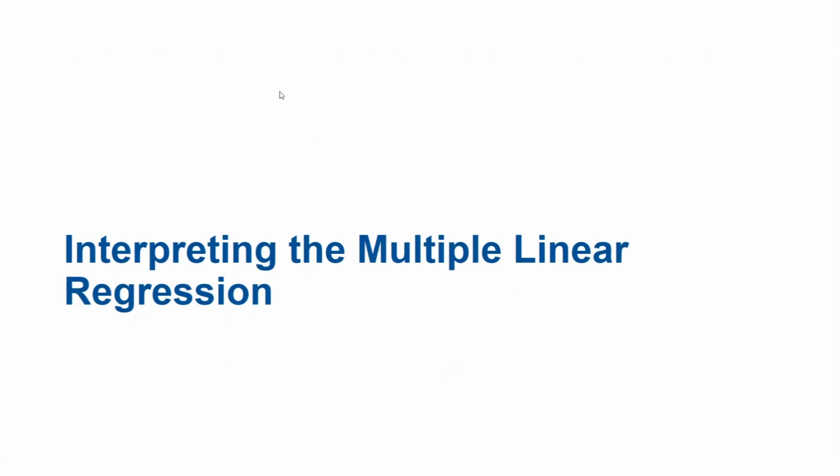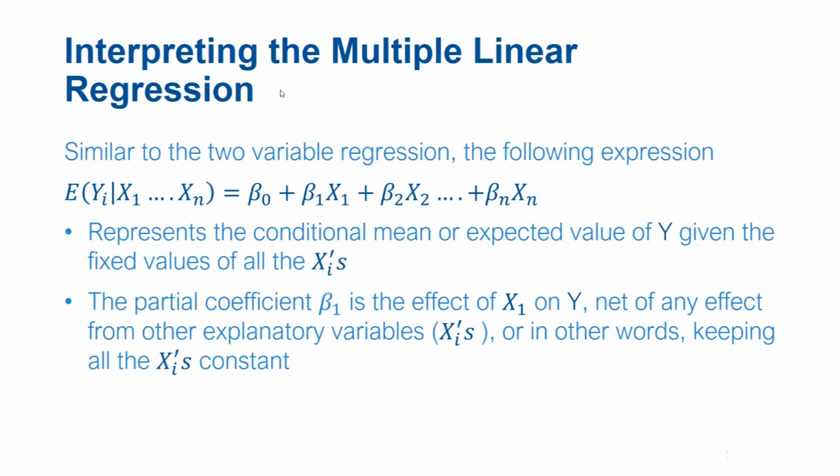In this video, we'll understand the interpretation of various aspects of the multiple linear regression algorithm. Similar to our understanding of the two-variable or bivariate regression model, this expression here represents the conditional mean or expected value of y given the values of x1, x2 and xn and so on. So this is very similar to the expression that we saw earlier, expected value of y given x.